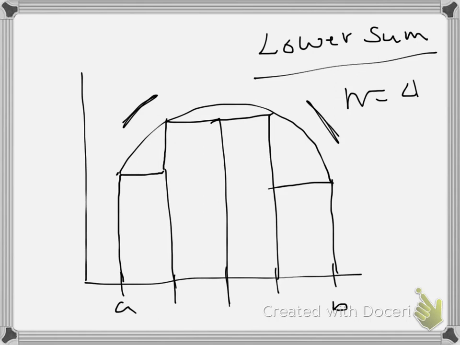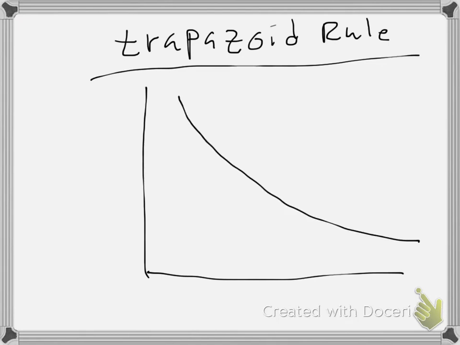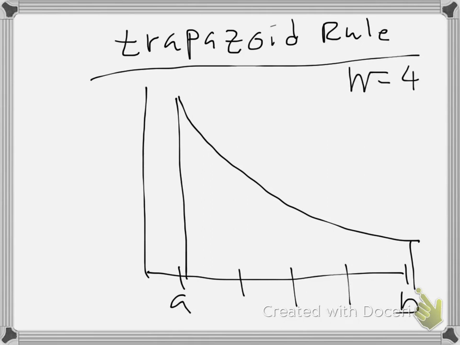One more of these things to look at is actually called the trapezoid rule. We look at our nice little function. Here's A, here's B. We use n equals 4.